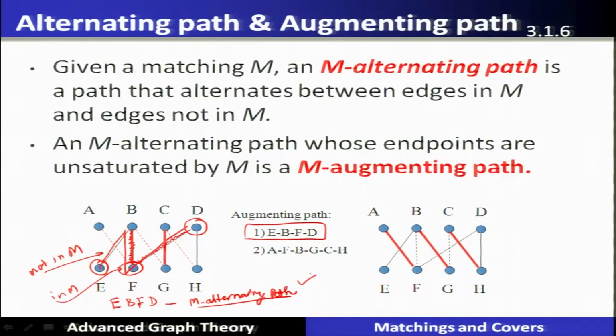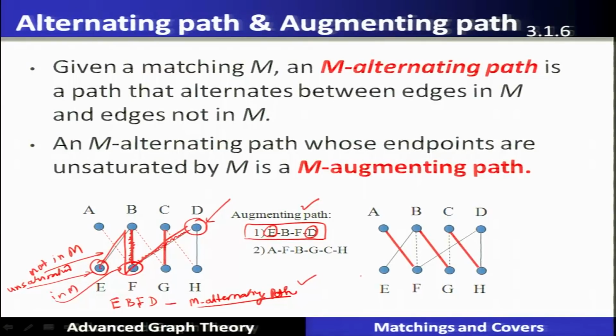Now, that alternating path which has unsaturated endpoints is called an augmenting path. For example, this E is unsaturated and D is unsaturated, hence this becomes an augmenting path.